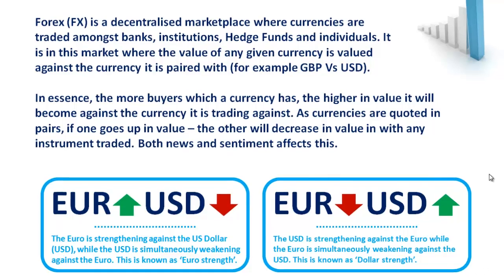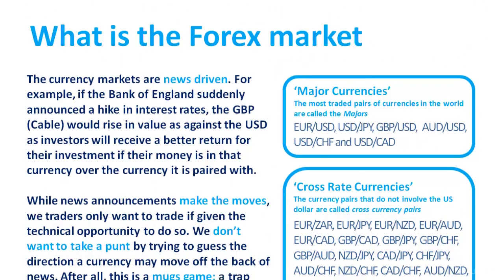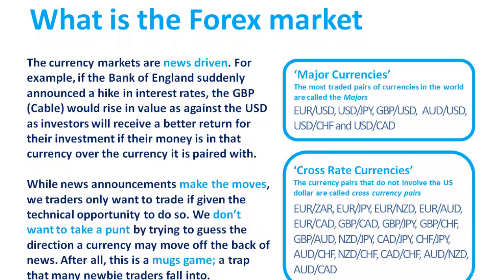This is known as dollar strength, and this typically happens when there's a risk off sentiment in the market, where people are starting to sell stocks and buy fixed interest rate securities, and of course safe haven assets like the US dollar.